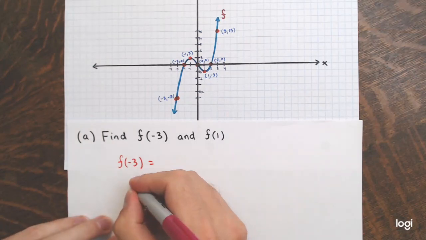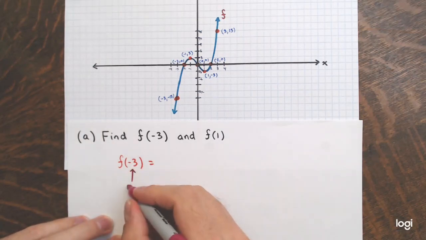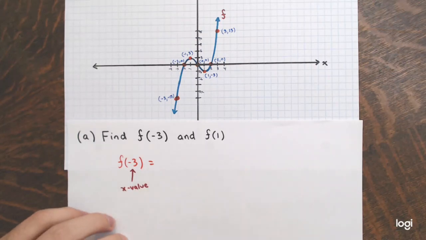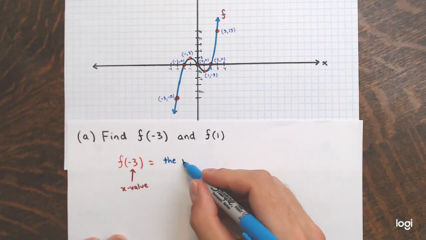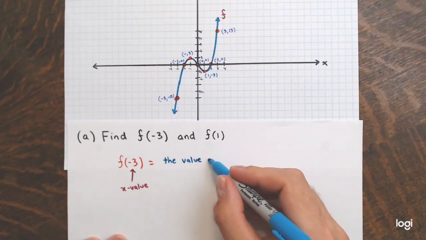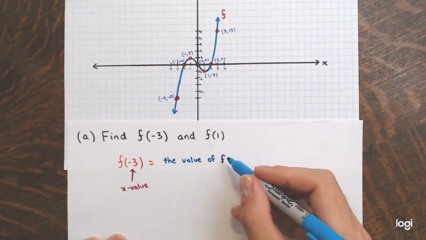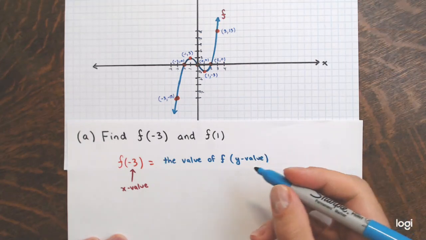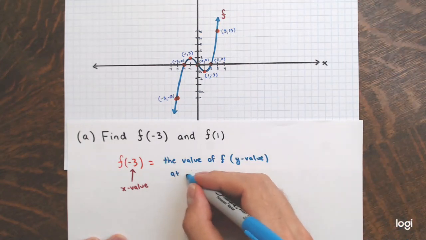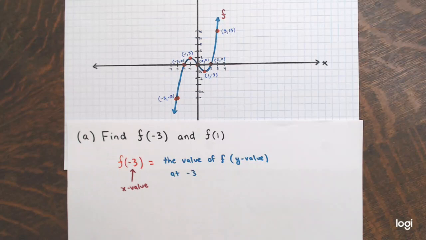The number in parentheses here is the input. That's the x value of the point I'm looking at on my graph. And this is the y value, the value of f, or the output at -3. Basically, when x is -3, what's y?